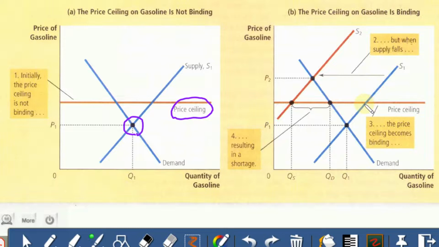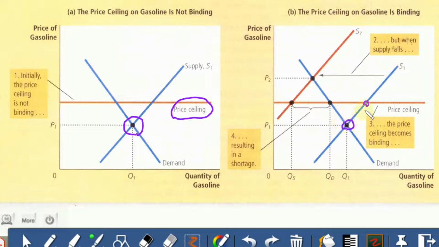Would you follow this line then? If you go along this one to the left, see that. This one actually was the equilibrium.